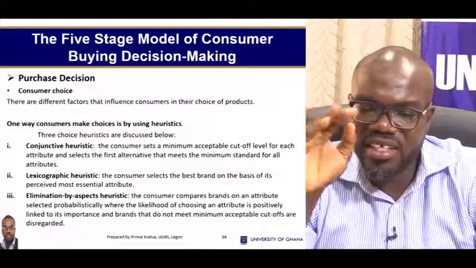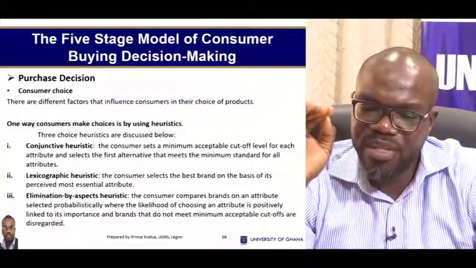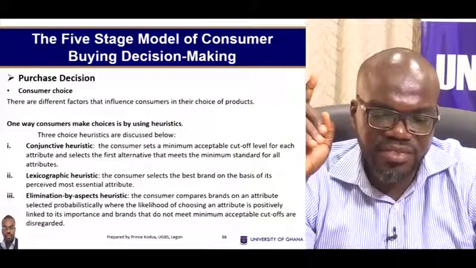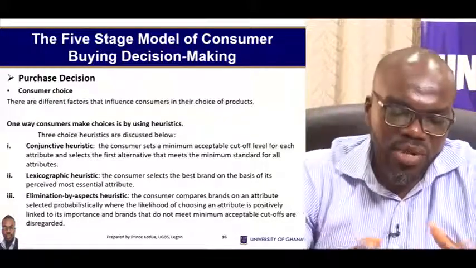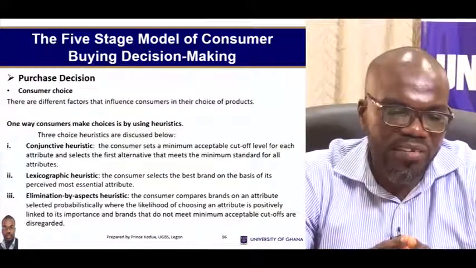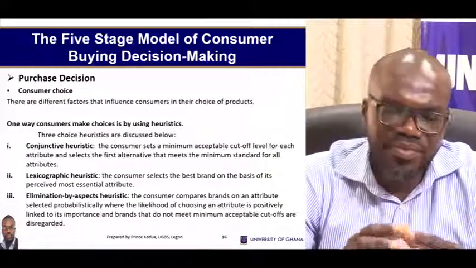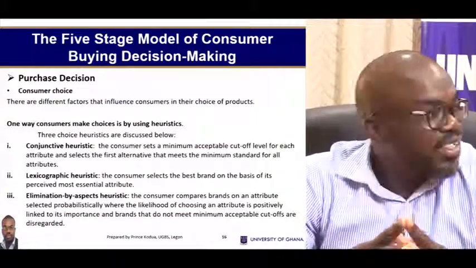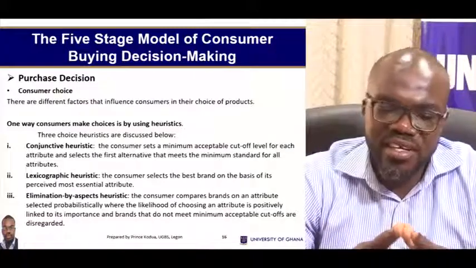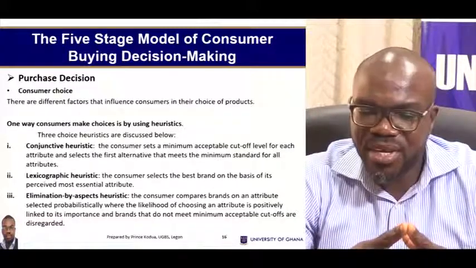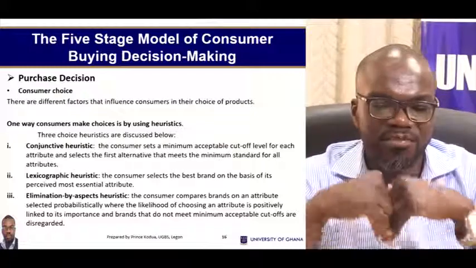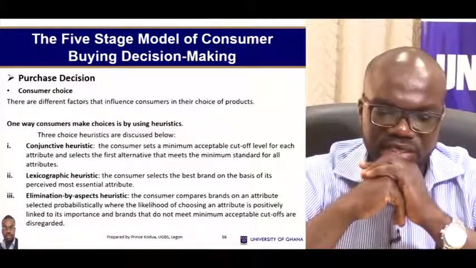Here there's an acceptable cutoff level for each attribute. The second one we can talk of is the lexicographic heuristic. What does it mean? The consumer here selects the best brand on the basis of its perceived most essential attribute.